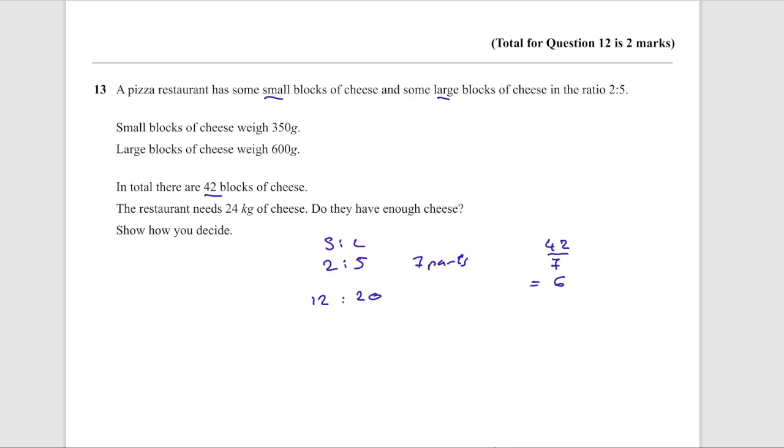And then need to times those by the weights. So I'm going to convert these to be in decimals, and I'm going to write them here. So times by 0.35 and times by 0.6. And I'm actually going to add them together straight away. I'll write the full calculation. So on my calculator, I'm going to type 12 times by 0.35 plus 20 times by 0.6.